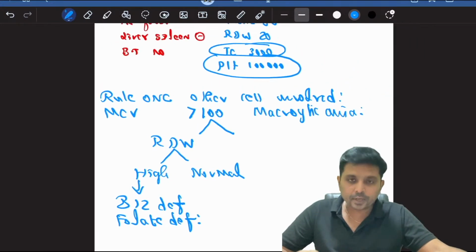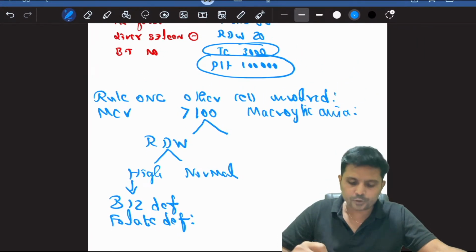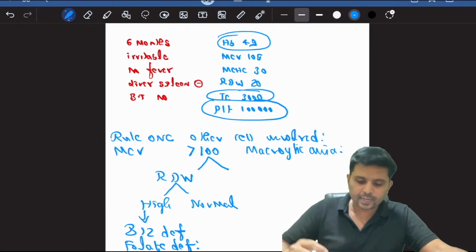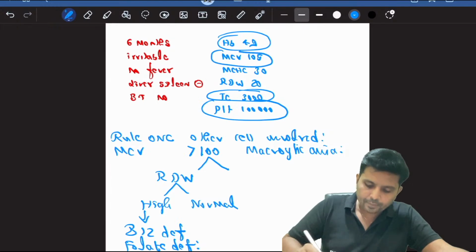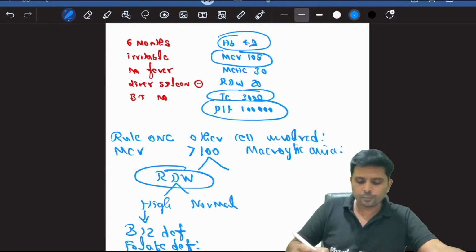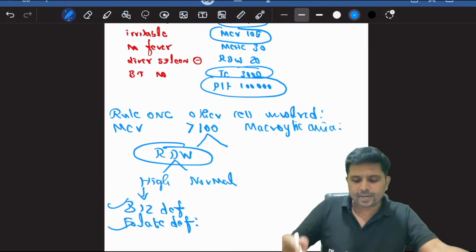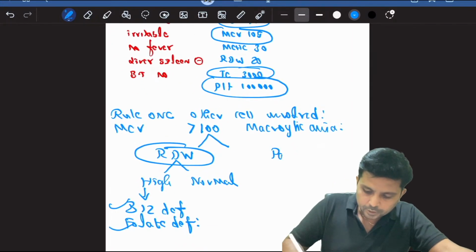B12 deficiency or folate deficiency, which one? So this is a case of macrocytic anemia with a high RDW, more in case of B12 and folate. Then you can ask, why pancytopenia?